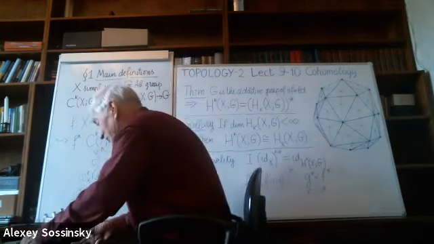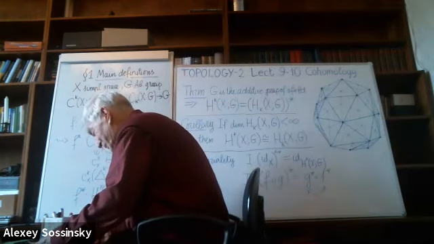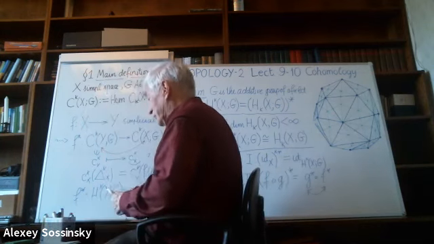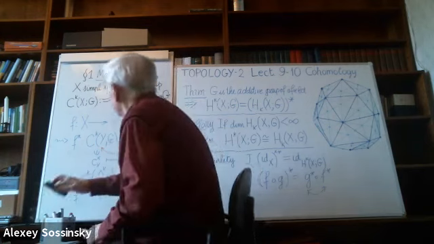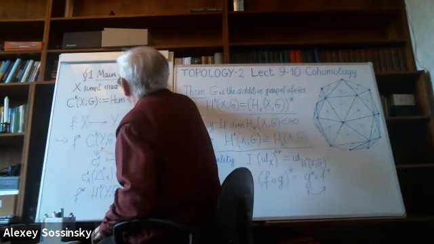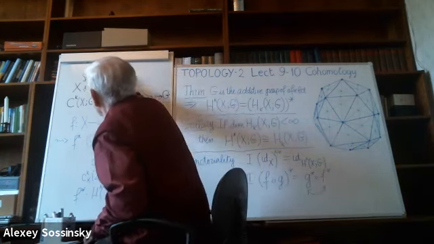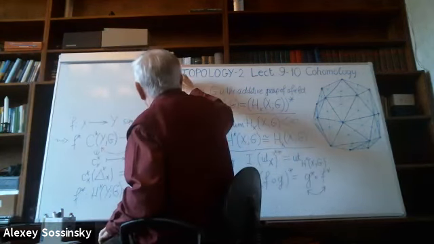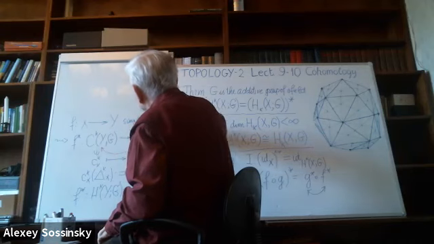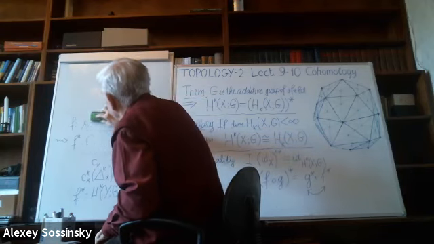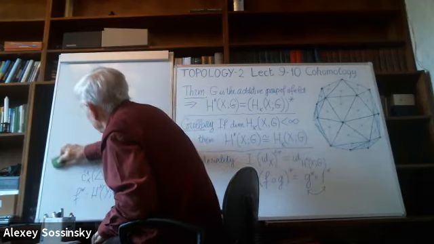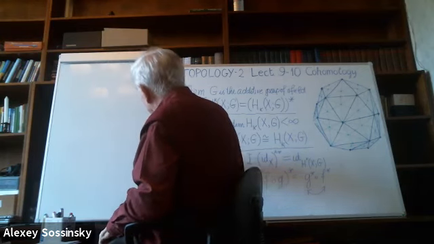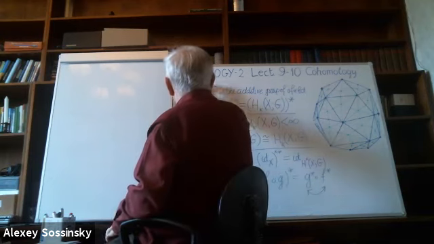And now let us go on to the next part of the lecture and discuss the properties of cohomology, which are, as you can expect, dual to the properties of homology.